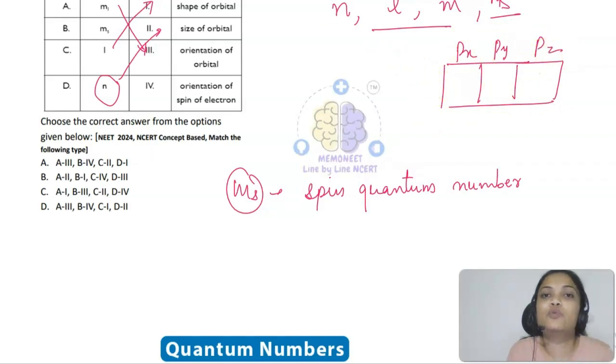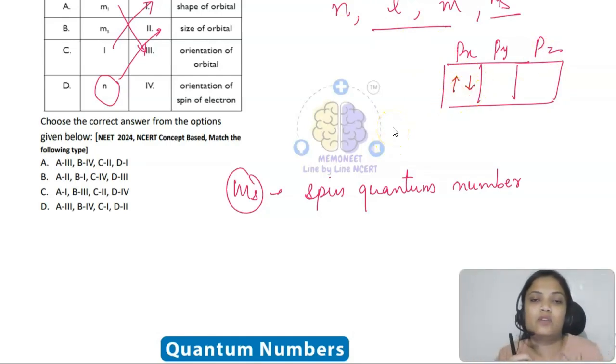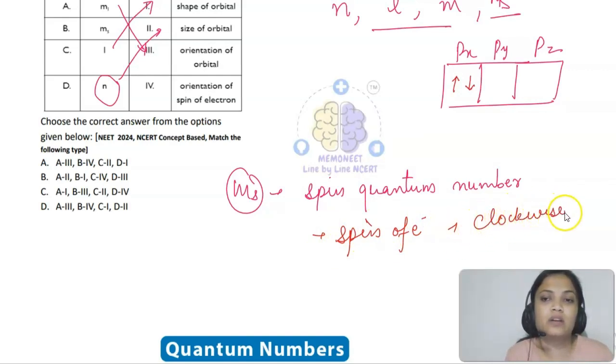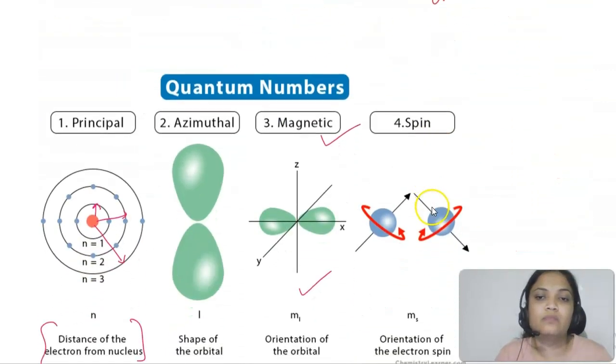If there are 2 electrons now, those 2 electrons can be arranged clockwise and anti-clockwise. See, from the spin quantum number we get to know about the spin of the electron. Spin of the electron means whether it is clockwise or anti-clockwise.